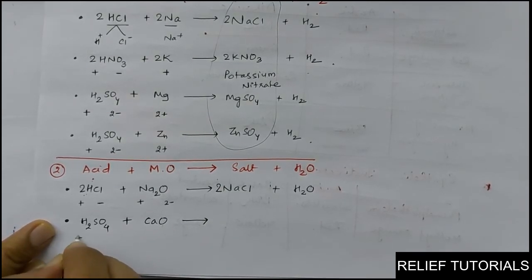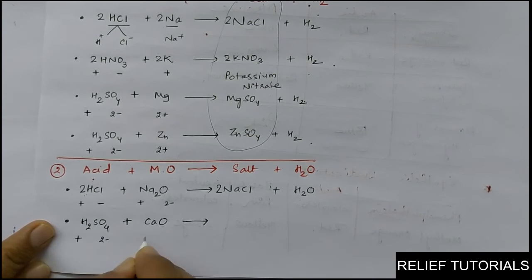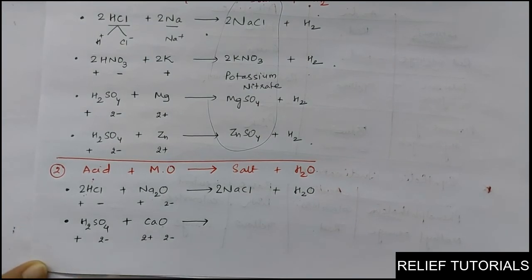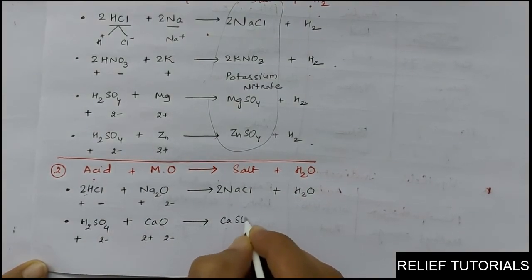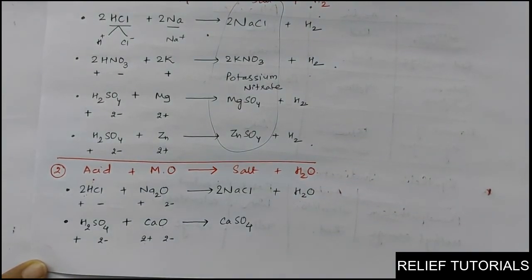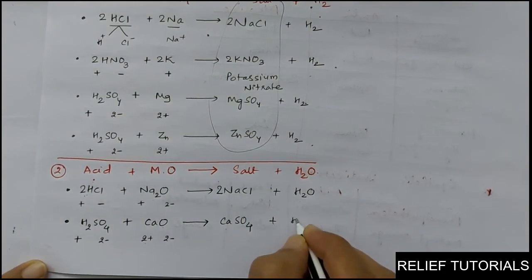H is plus, SO4 2 minus, Ca 2 plus, O 2 minus. I am writing the charges of ions, and now the reaction of this positive with this negative. So Ca2 plus and SO4 2 minus forms CaSO4, calcium sulfate, and H2O is a fixed product.